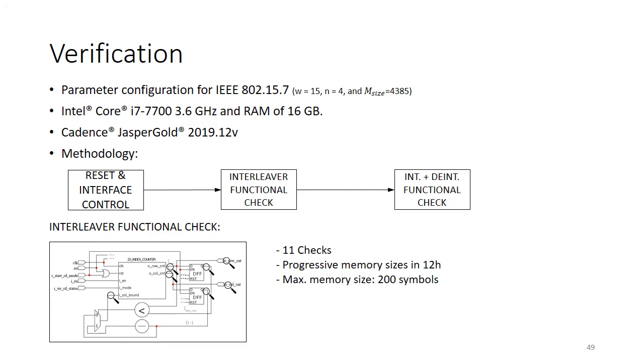The next step is to verify the functional aspects of the interleaver, which means that the address generator must calculate the memory indexes accordingly. 11 checks were created for that. Some checks could not be proven for the original memory size. Then, memory was reduced to 50, and this value was increased progressively until 200, and full proofs were obtained for these scenarios. The whole process took 12 hours.